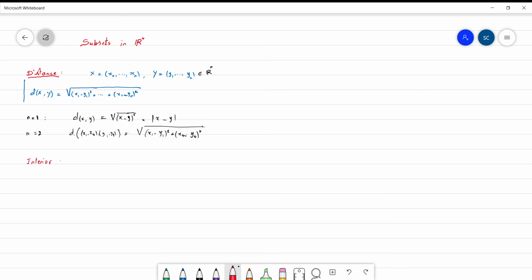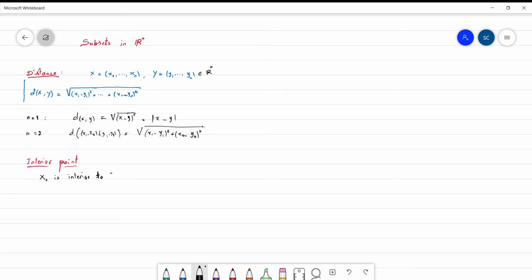What is an interior point? We will say that a point x0 is interior to S.